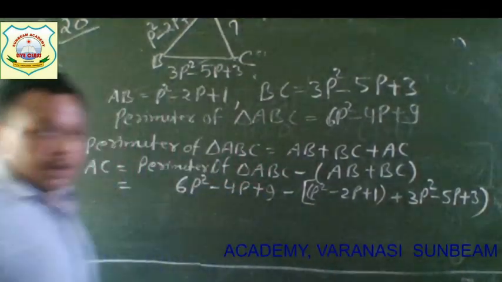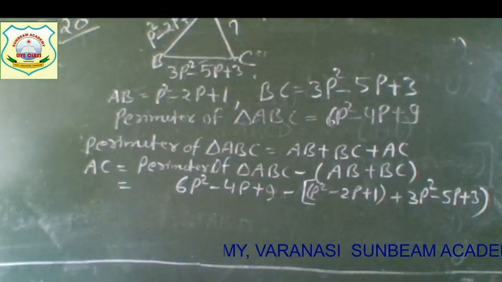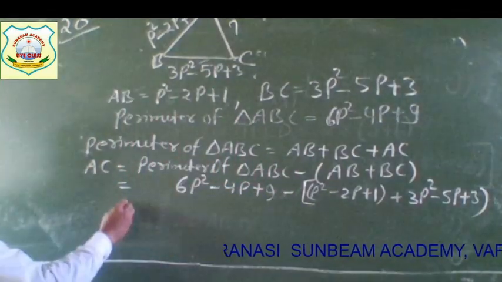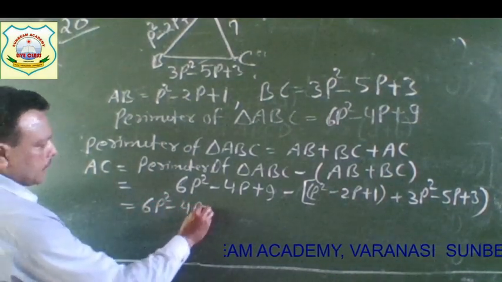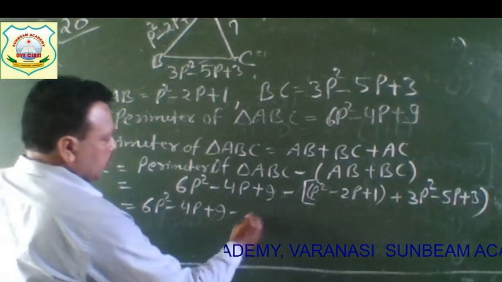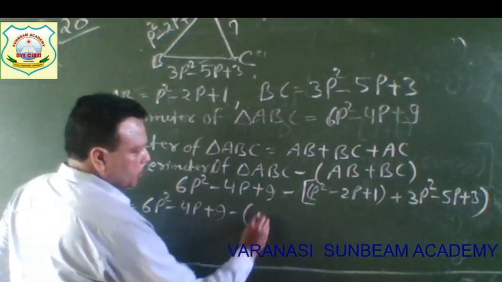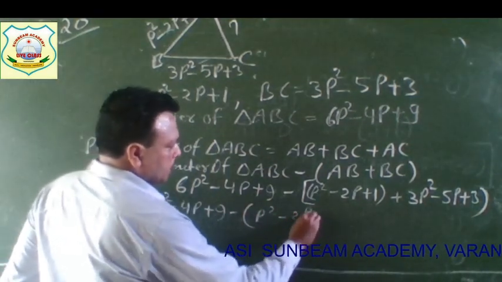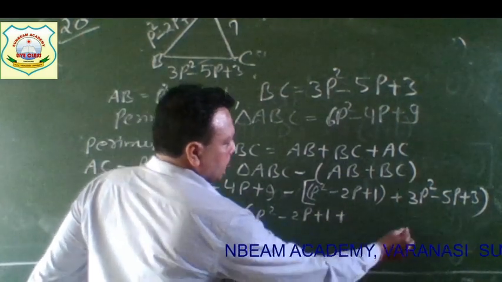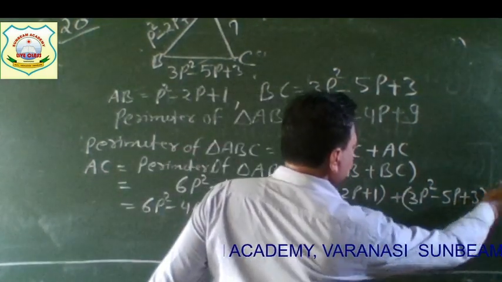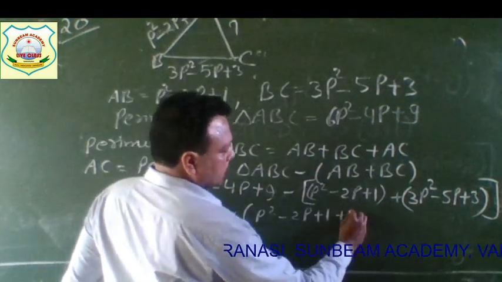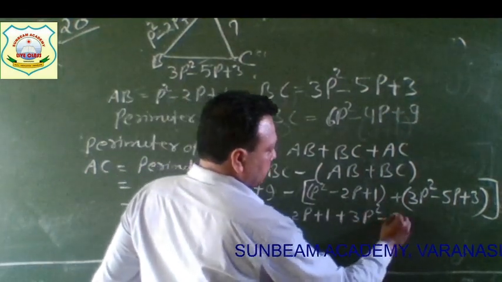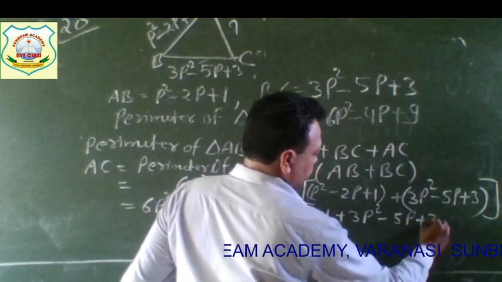Clear students? This is the way we have to write. Now we open the bracket. We get 6p square minus 4p plus 9 minus the bracket of p square minus 2p plus 1 plus 3p square minus 5p plus 3.